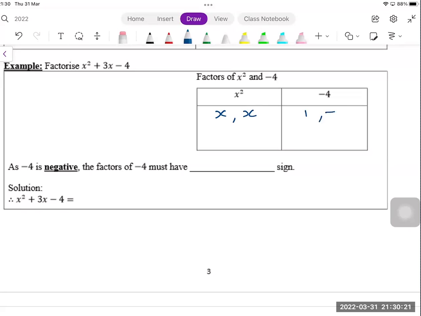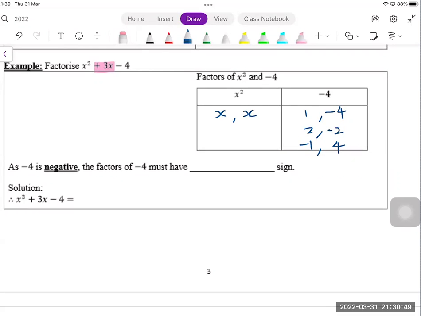I can have 1 times negative 4, I can have 2 times negative 2, I can also have negative 1 times 4. Negative 2 times 2 is the same thing as this one. So basically we have 3 different possibilities. But which is the one that can give me a plus 3, which is what I'm looking for.